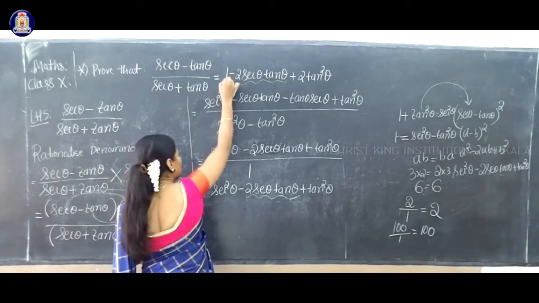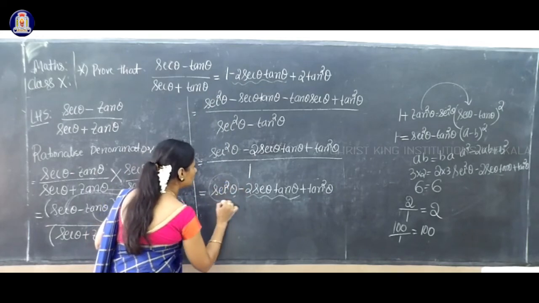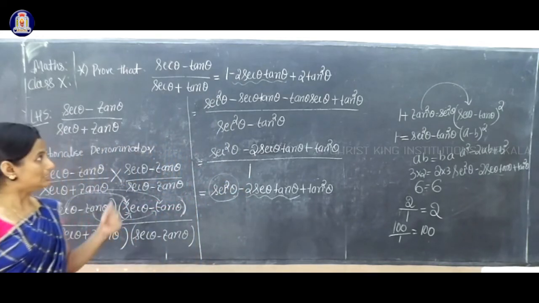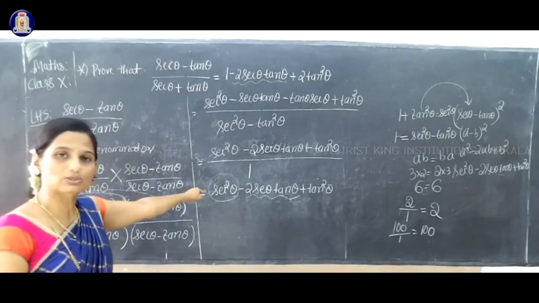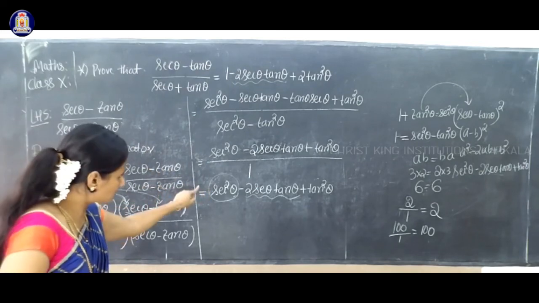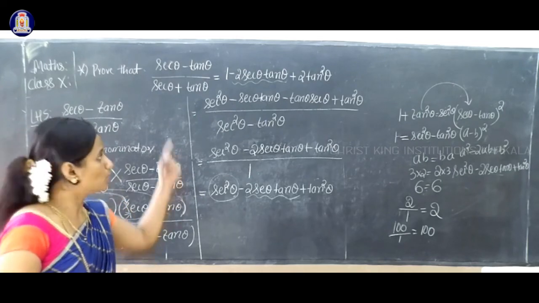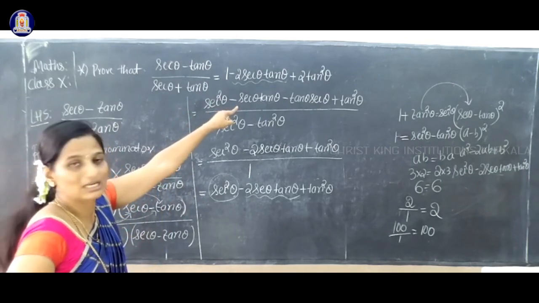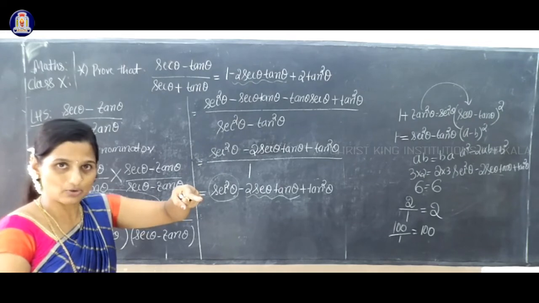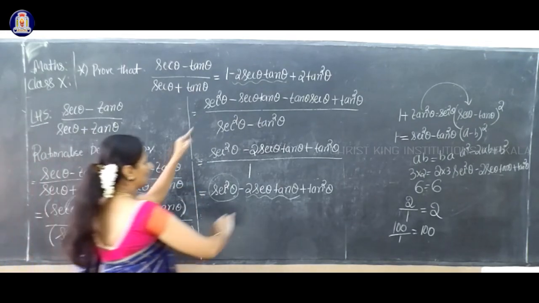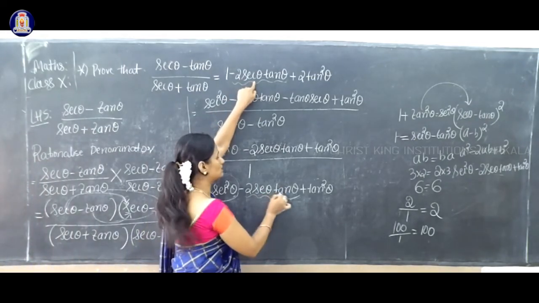Now next, the extra we got here is secant square theta. Is it there in the solution? Secant square? No, right? So I don't want that secant square theta. I only need tan square theta. Extra tan square I need, right? See, compare it. This part I got, don't touch this one.